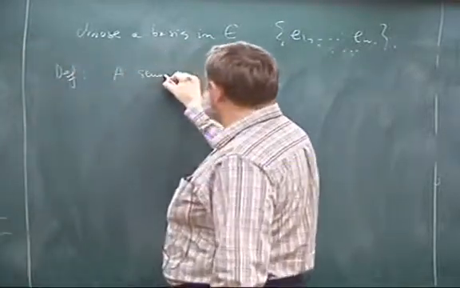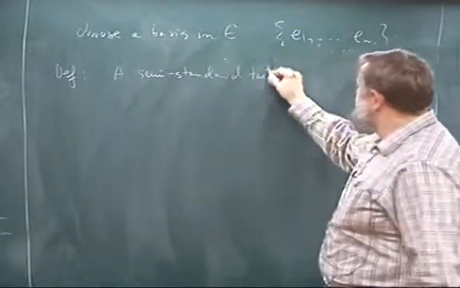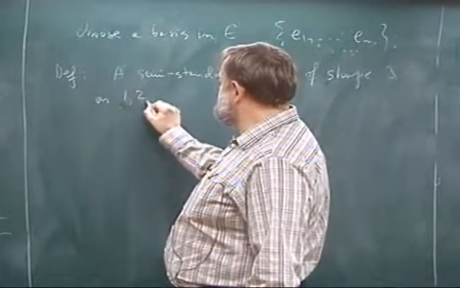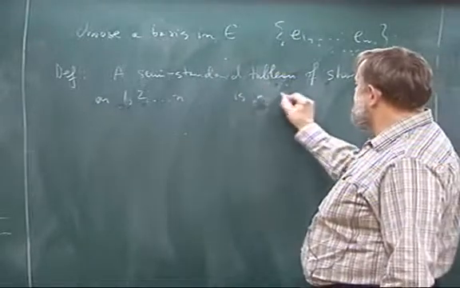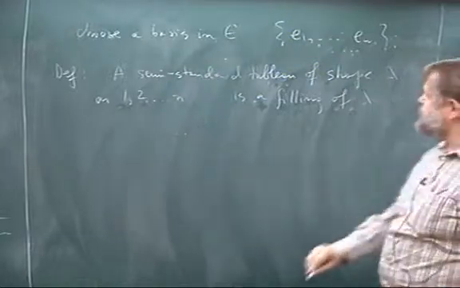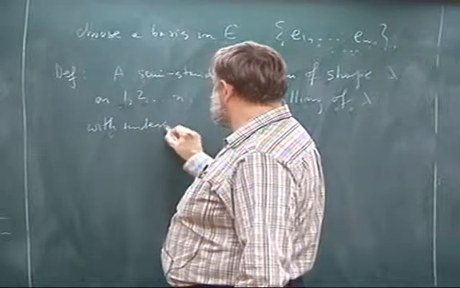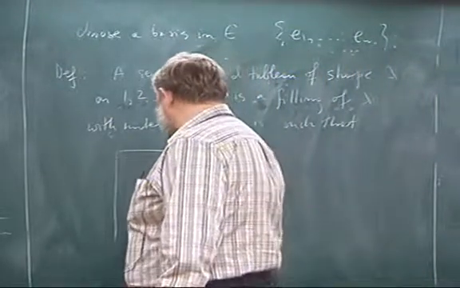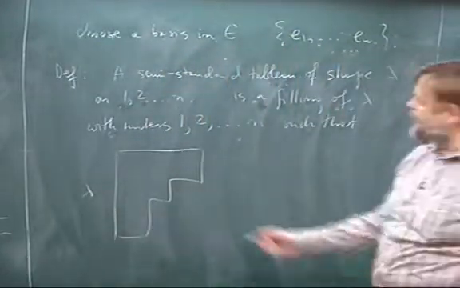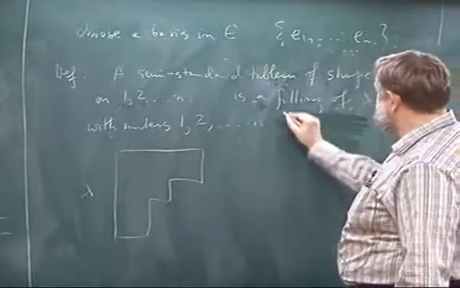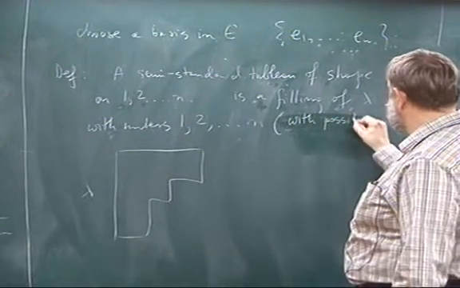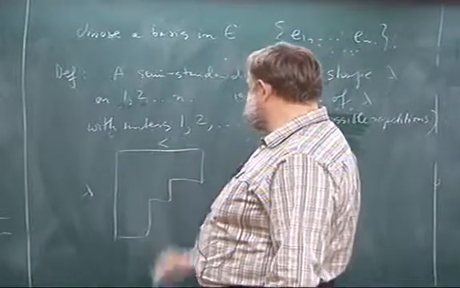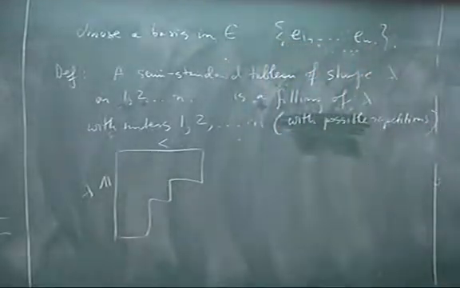A semi-standard tableau of shape lambda on numbers 1, 2, up to n is a filling of lambda with numbers 1 through n, with possible repetitions, such that it's strictly increasing in columns and weakly increasing in rows.